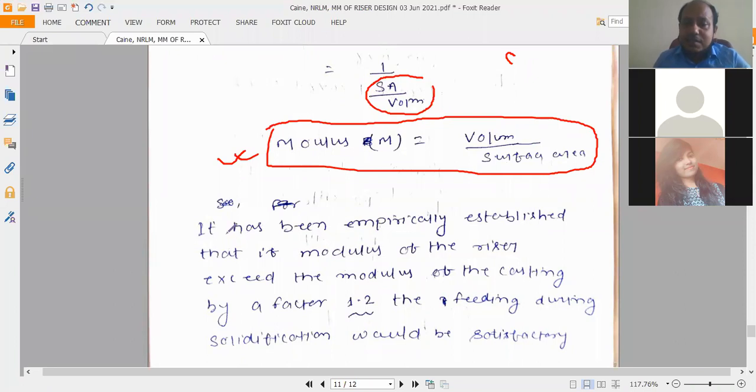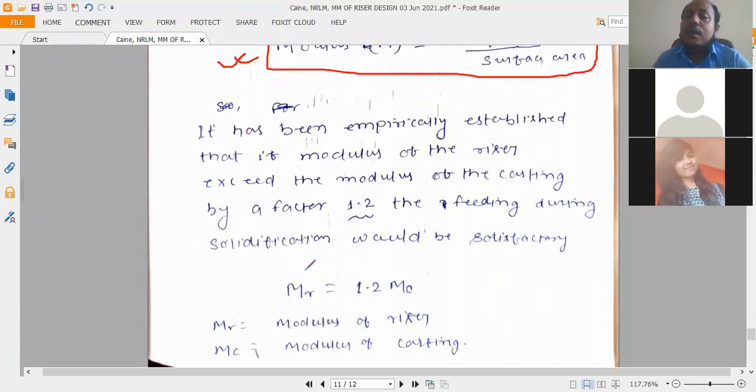So it is seen experimentally, empirically, that if the modulus of riser is equal to 1.2 times the modulus of casting, then satisfactory solidification will be obtained. So it is found experimentally.